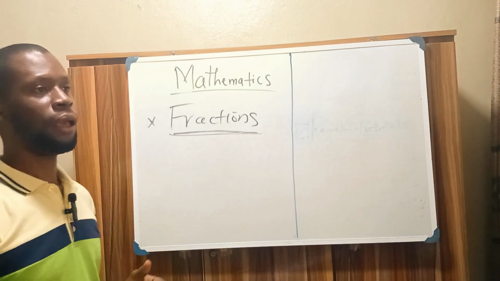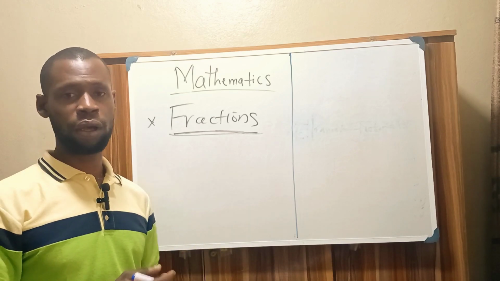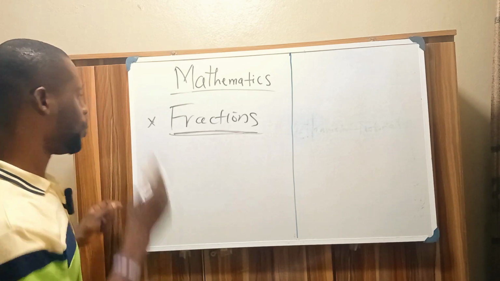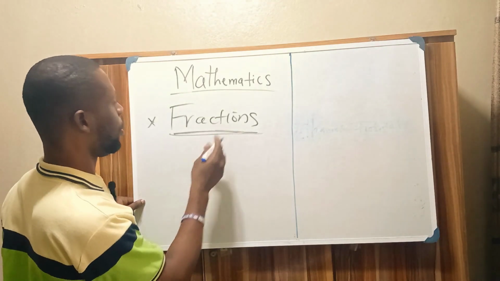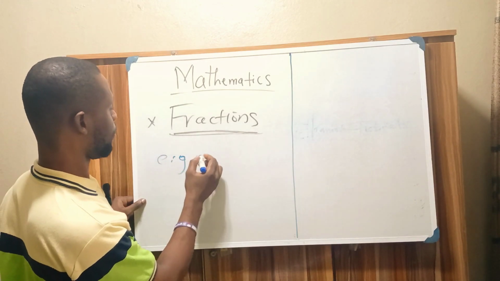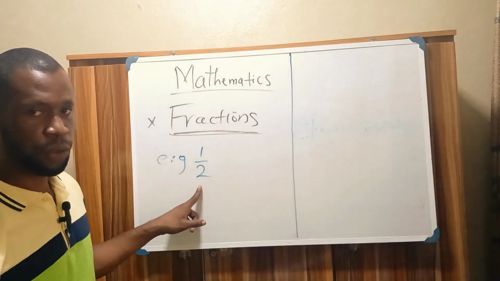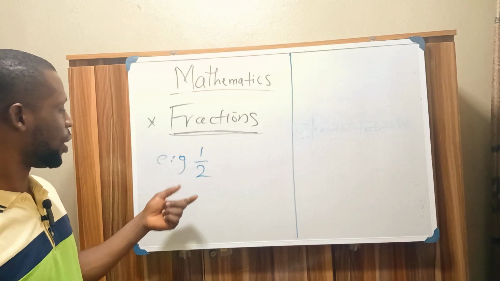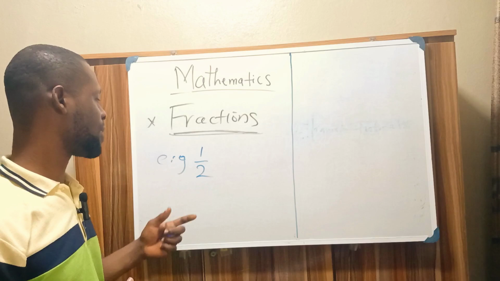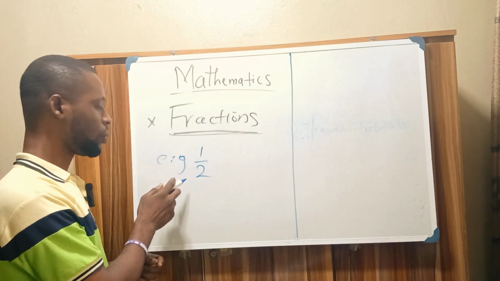The figure on top is called the numerator, while the figure below is called the denominator. This is what I mean. For example, we have 1/2. 1/2 is a fraction. Remember the definition I gave? I said a fraction is a part of a whole expressed as a figure placed on top of another figure.